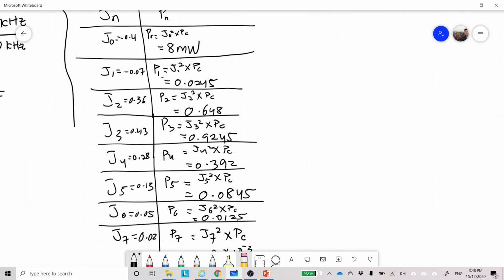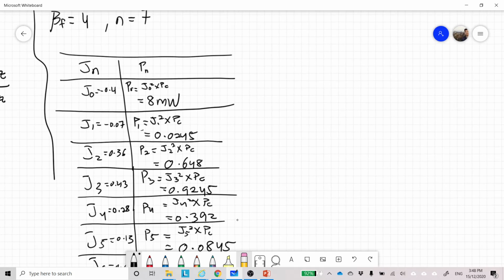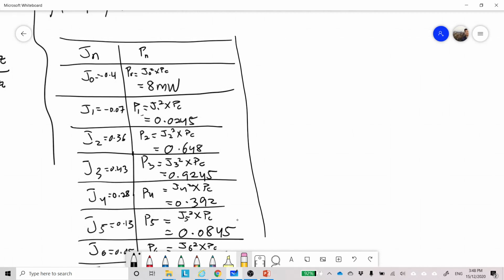So daripada sini kita boleh cari dia punya frekuensi. Okay, berapakah dia punya frekuensi?